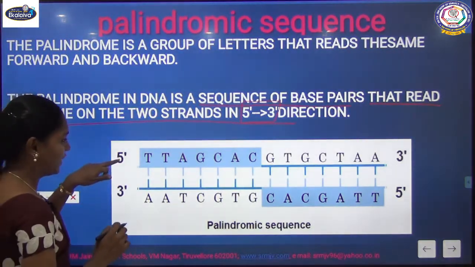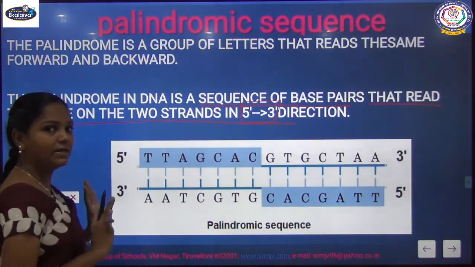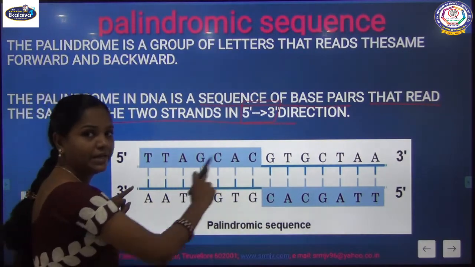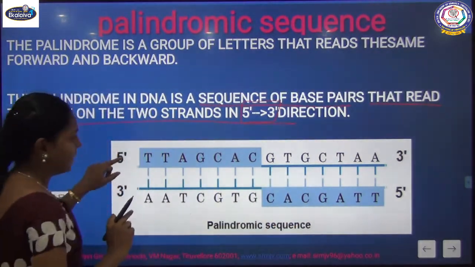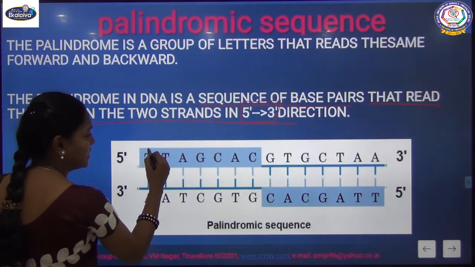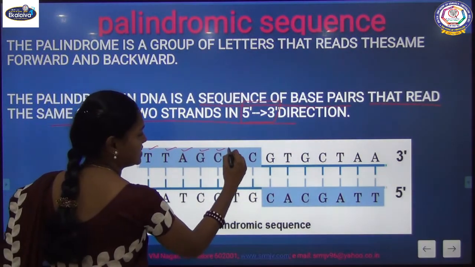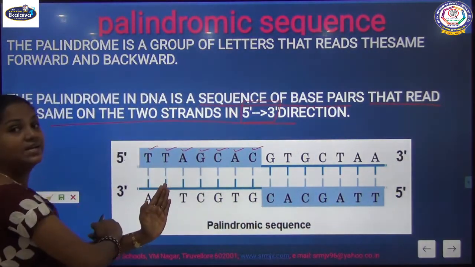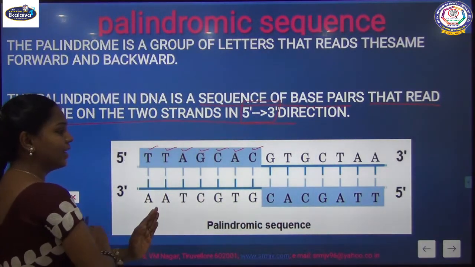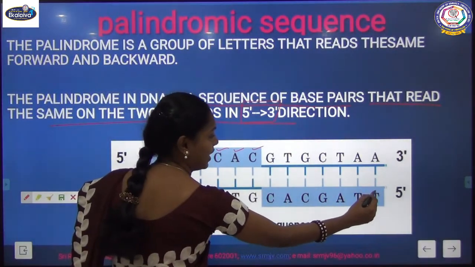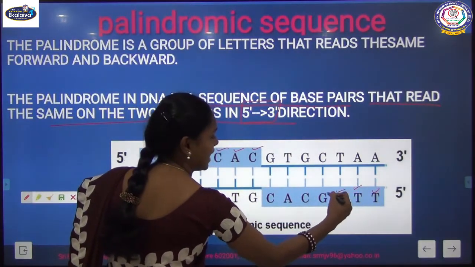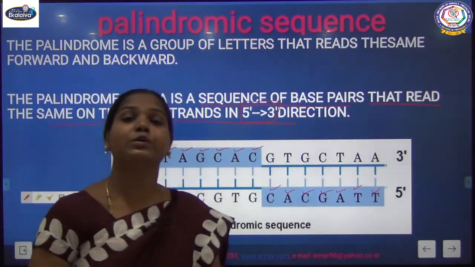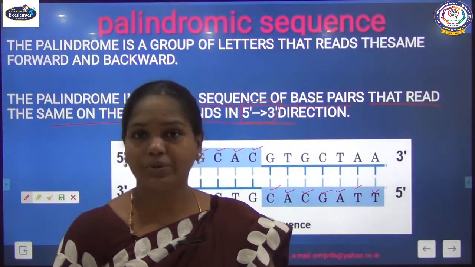This is a double stranded DNA, 5' to 3', and the complementary strand is 3' to 5'. The 5' to 3' strand has T, T, A, G, C, A, C. Imagine bringing this 5' end here and reading the other strand the same way: T, T, A, G, C, A, C. This kind of sequence we call a palindromic sequence.